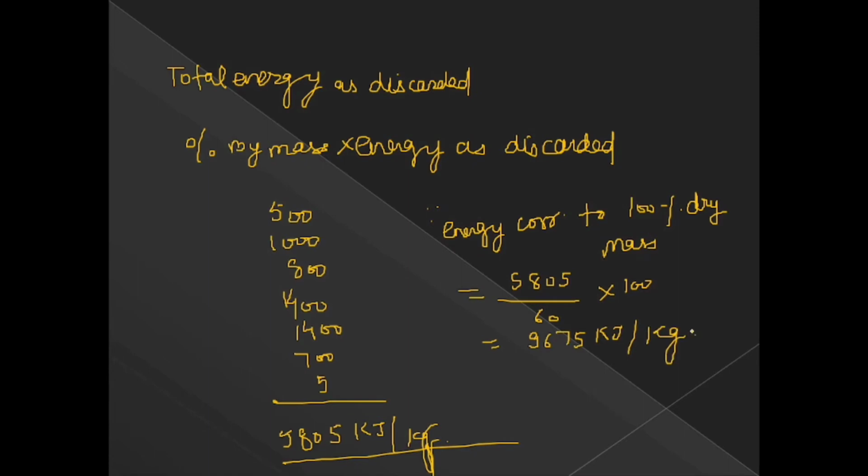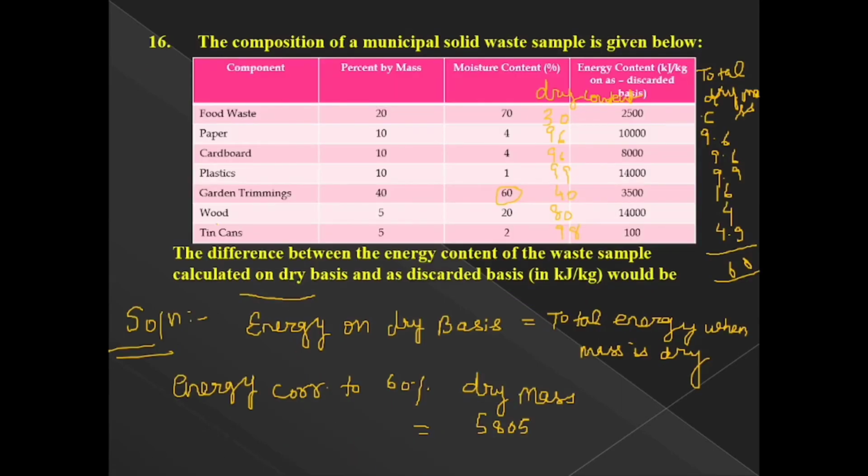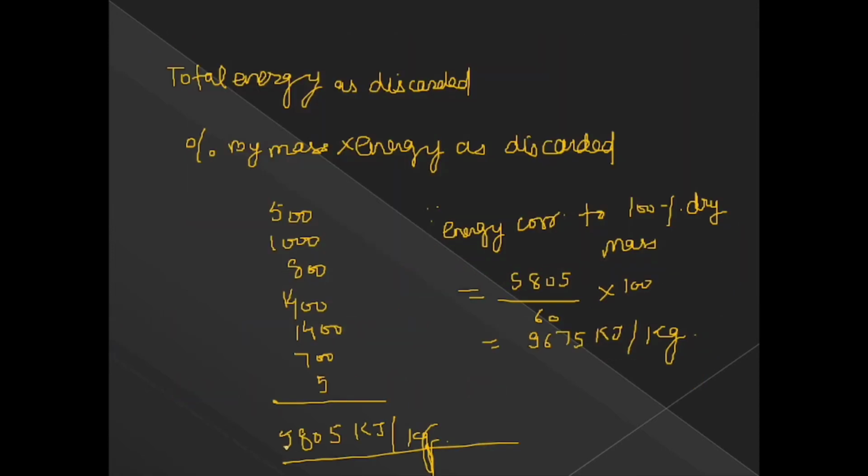So energy on the dry basis is 9675 kilojoule per kilogram. We have to calculate the difference between the energy content of the waste sample on the dry basis and on the discarded basis. On the discarded basis it is 5805, on the dry basis it is 9675.